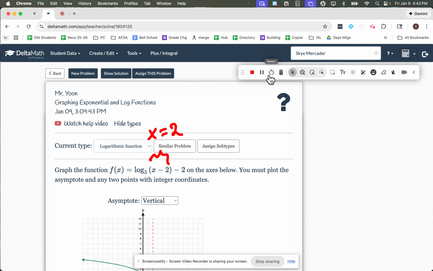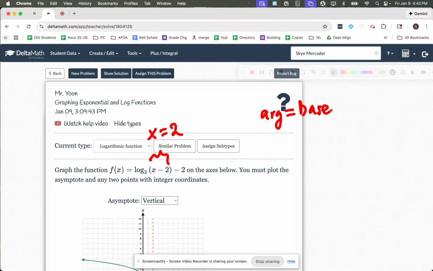The next is we are going to play those 2 tricks. One, we're going to make the argument of the log, just like we were doing with the exponent, but now we're focusing on the argument of the log, the same as the base. What's the base? 3 is the base. So if the argument of the log is going to be the same as the base, then x must equal 5.